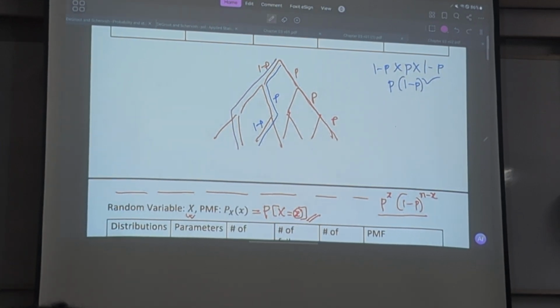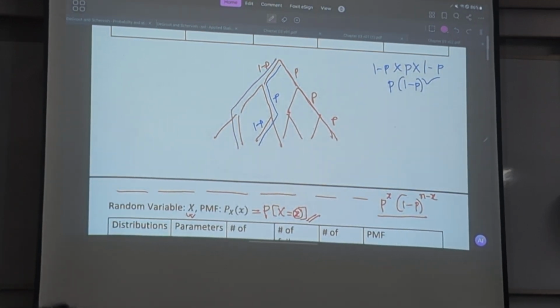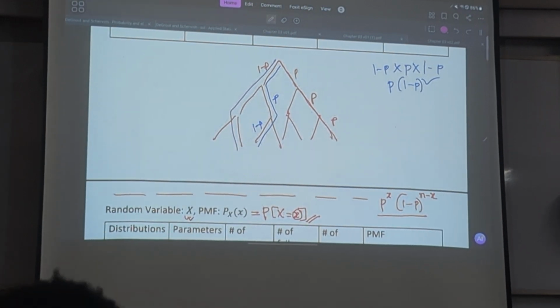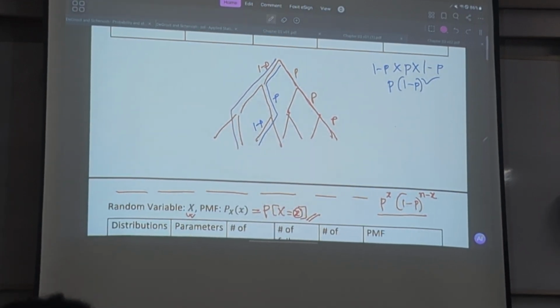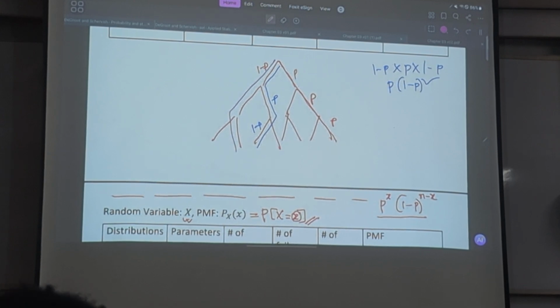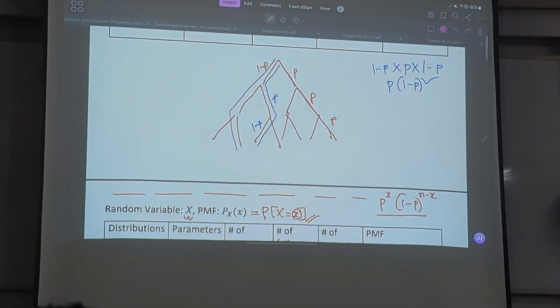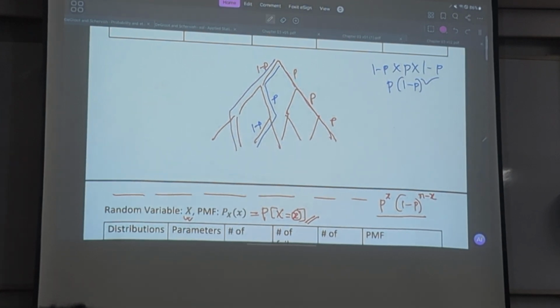And this will result in similar probability if we do not consider the order. The probability does not change. Eventually you are multiplying it, so it is right.